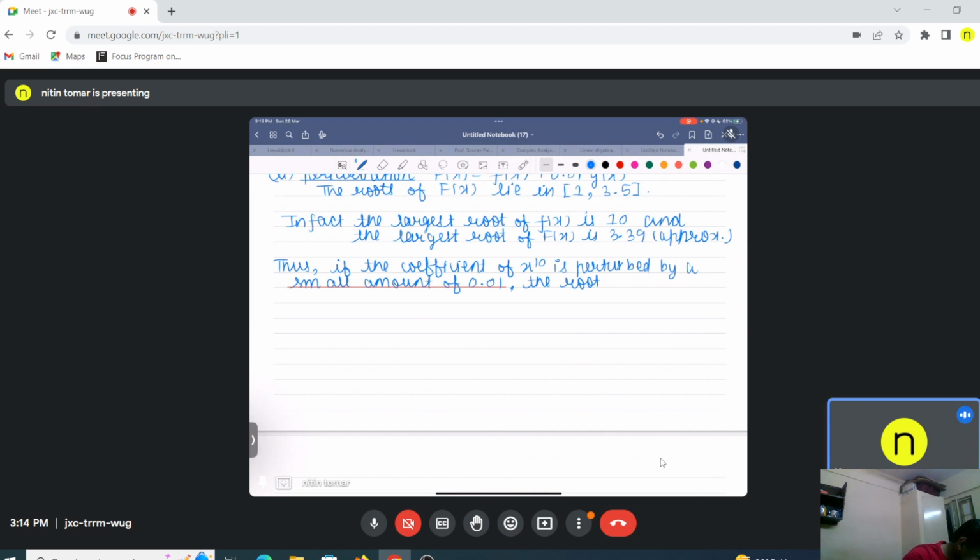So the root 10 of f(x) could move as much a distance as 6.6 approximately, right?